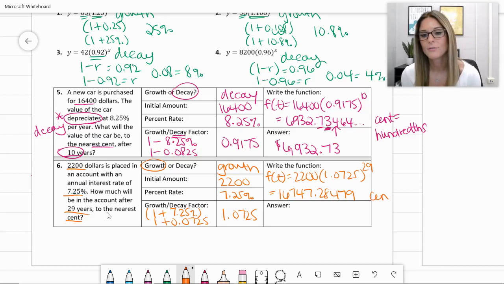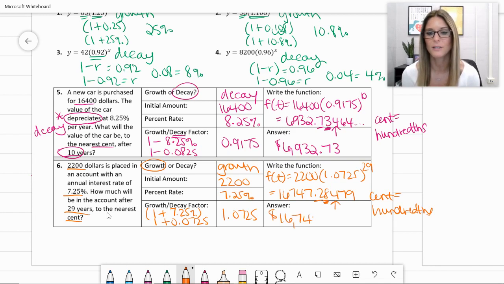Again, we were asked to round to the nearest cent. That's the hundredths place on this problem. The 8 is in the hundredths place, so again, we're looking at the 4 to give us $16,747.28.